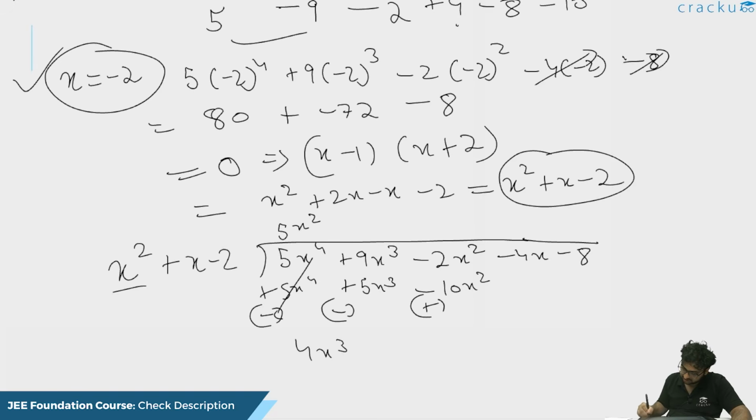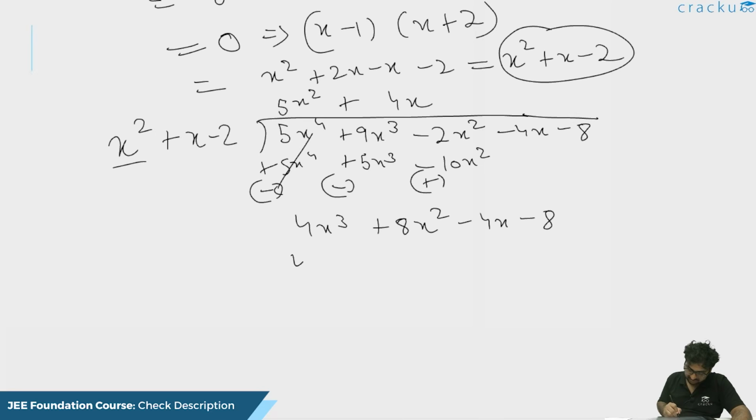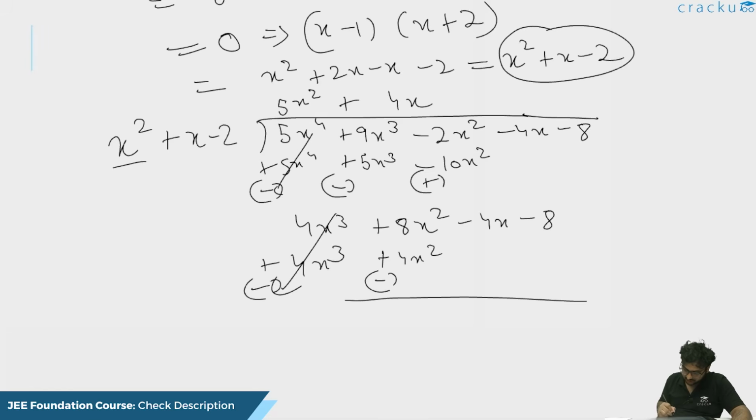So plus, so this would be plus 8x cube, 8x square minus 4x minus 8 as it is. Now this would be multiplied by 4x. So this would be 4x cube, plus minus cancel out. 4x into x is 4x square, minus, which will be 4x square. 4x into minus 2 is minus 8x. So plus this would be 4x and this will be as it is minus 8.